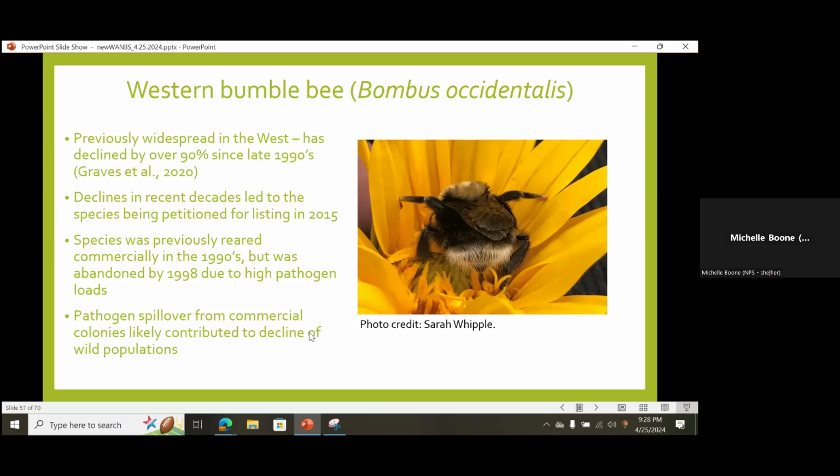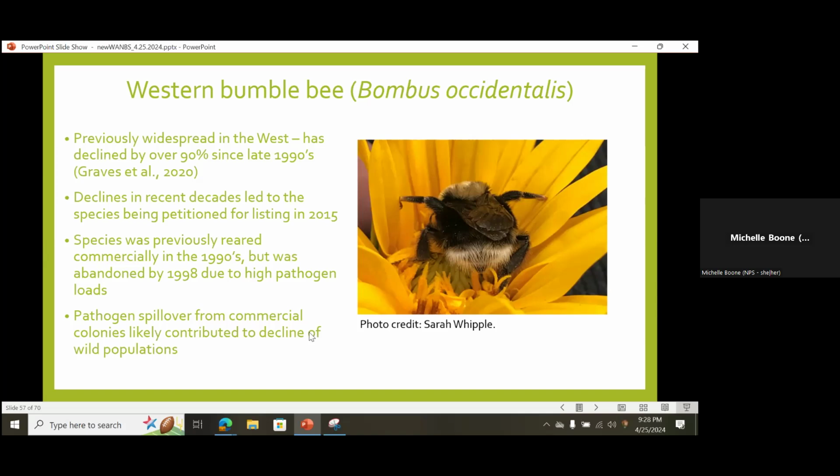Previously, western bumblebees were reared commercially back in the 90s. But pathogen loads of this specific fungal parasite got so high that it wasn't viable to keep these colonies going, and commercial rearing operations abandoned attempting to rear this species.